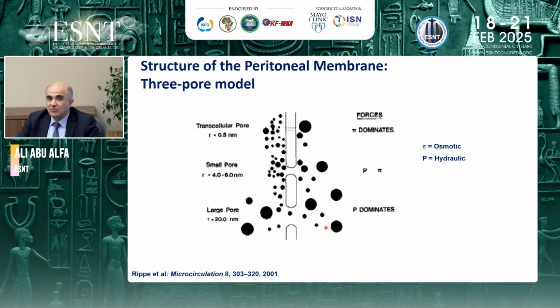That's why we have some albumin loss in PD, but also it may be the savior because it allows bigger molecules to pass that are uremic molecules or molecules that are essential to remove. So let's see how this ultimately plays out.